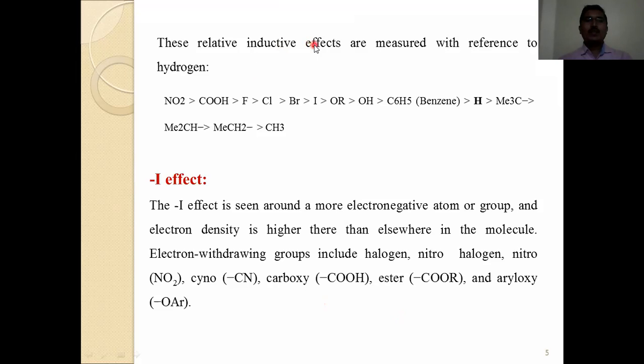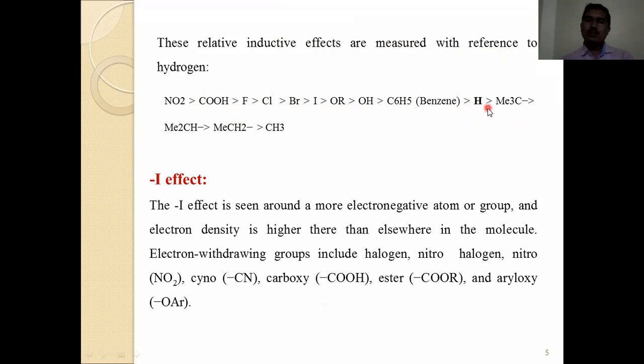The relative inductive effects are measured with reference to hydrogen. We can see the series here. In the middle is hydrogen. The nitro group is the most electron withdrawing group, that's why its priority is first. The nitro group is more electronegative than the acid group, then fluorine, then chlorine, then bromine, iodine, ether, alcohol, benzene, and hydrogen.